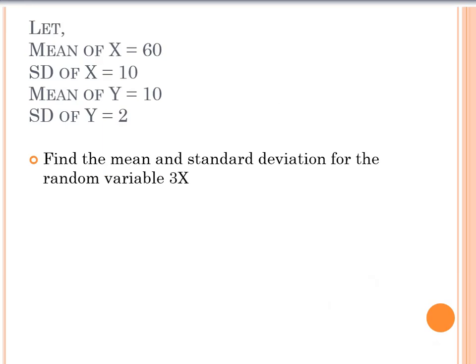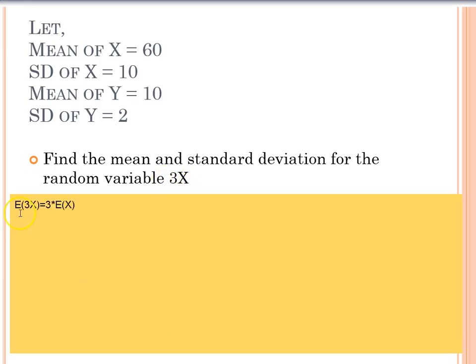Let's suppose we have two random variables, and I'm not even going to try to say what these variables are. They're just variable x and variable y. So the mean of x, that is our expectation. The standard deviation of x is just the standard deviation. And then we also have y. We want to find a linear combination of x, so we just want to find the mean and standard deviation of 3x.